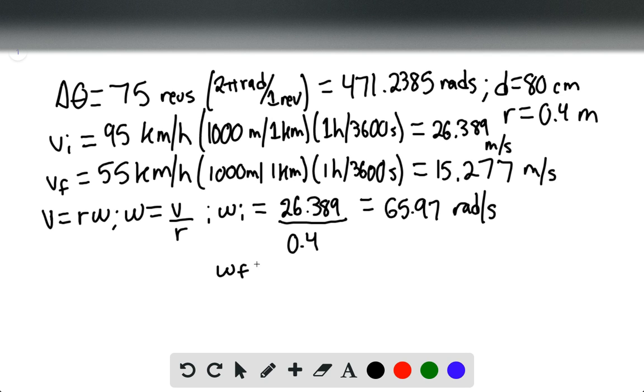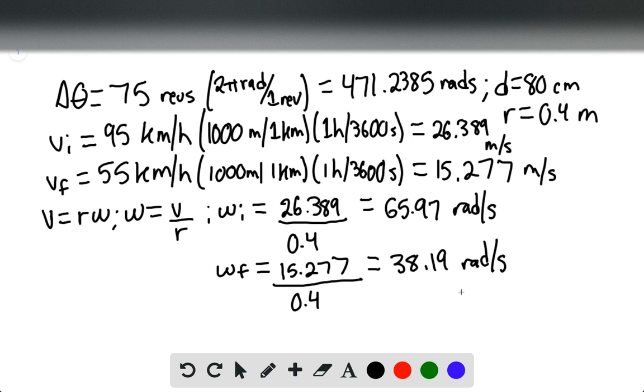Our omega final will equal 15.277 divided by 0.4, and this is 38.19 radians per second.